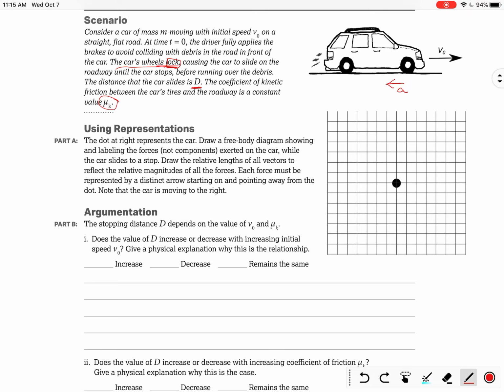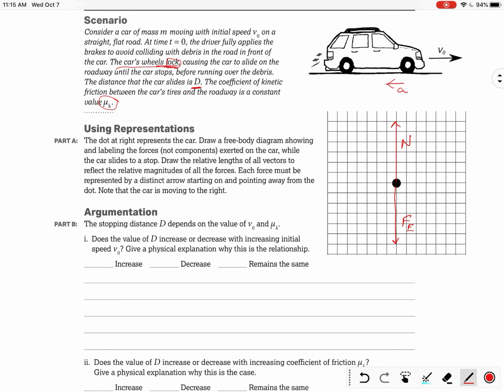So the first thing we want to do is draw and label those forces. So we've got the force of the earth on the car. We want to draw a normal force that is in the opposite direction, that is equal in size because those forces are canceling out.